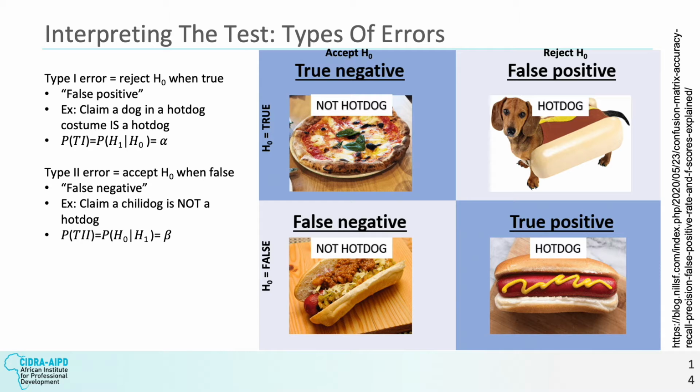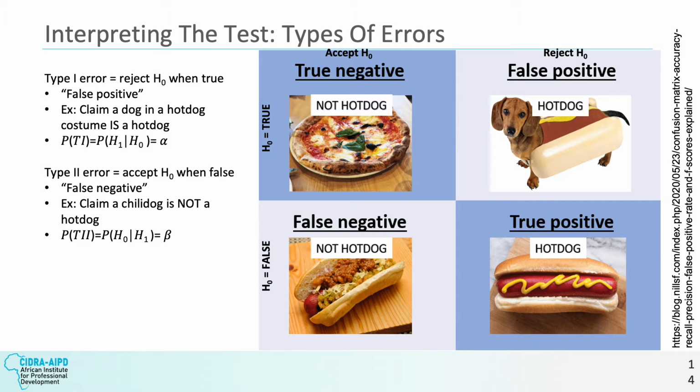With the images in the second row, we see that our null hypothesis is false, meaning that both pictures are of hot dogs. So if we look at the picture of the chili dog and accept the null, thereby concluding that the chili dog is not actually a hot dog, we would be incorrect. This false negative is a type 2 error.